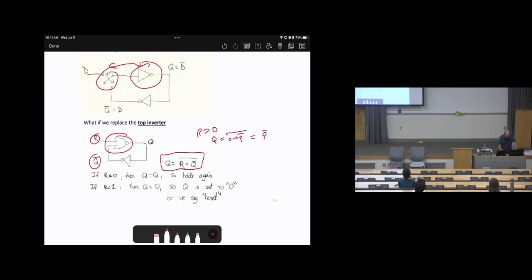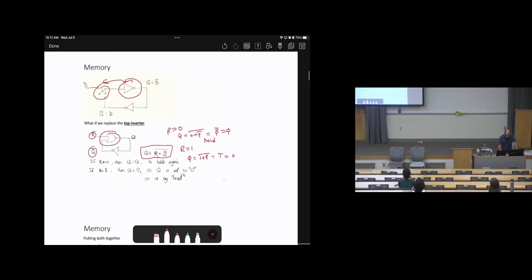Therefore it will be Q bar bar, which will make it Q, so it will hold. If R equals 1, then Q will be 1 plus Q bar, all bars. 1 plus any variable will be 1 bar, which will make it 0, right?